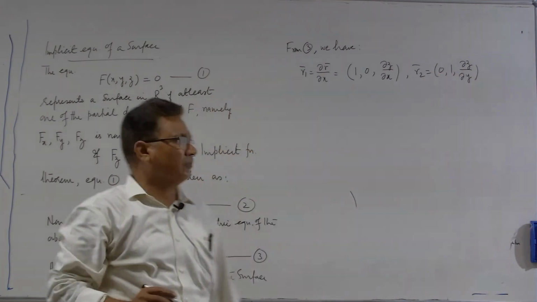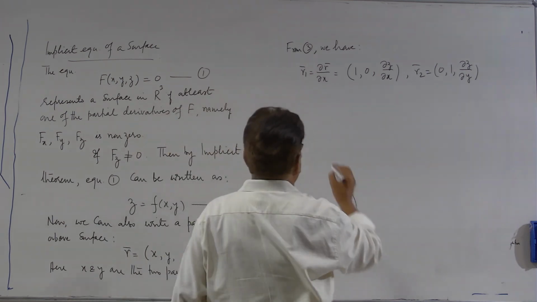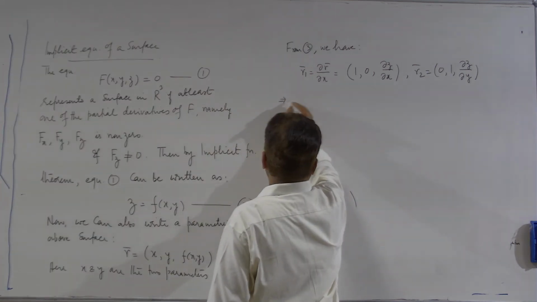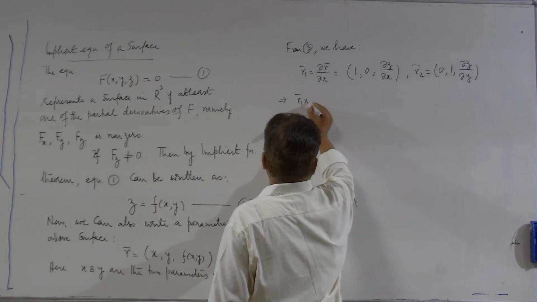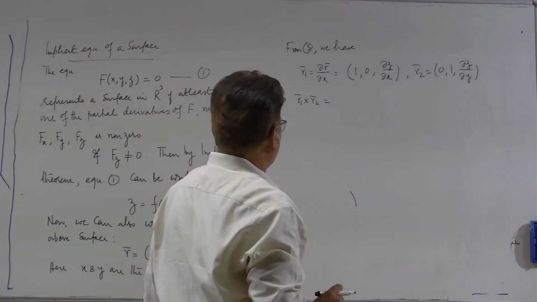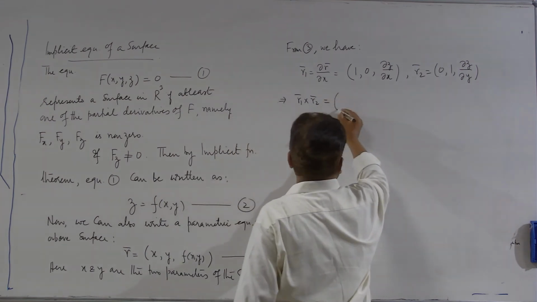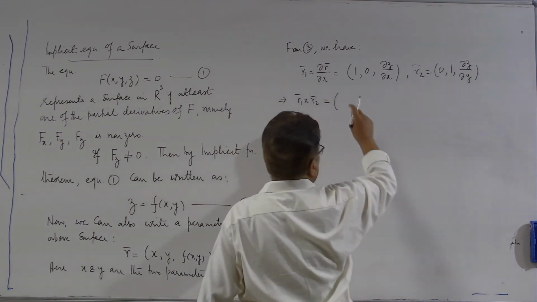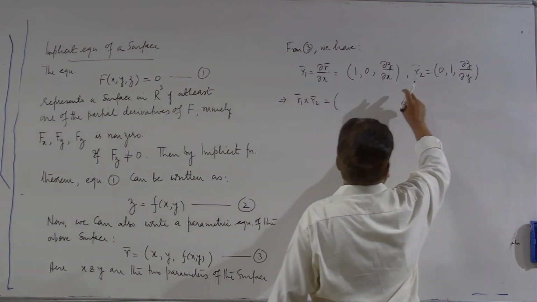Therefore, R1 cross R2 I can compute. Okay, R1 cross R2, you can take the cross product of these two vectors.